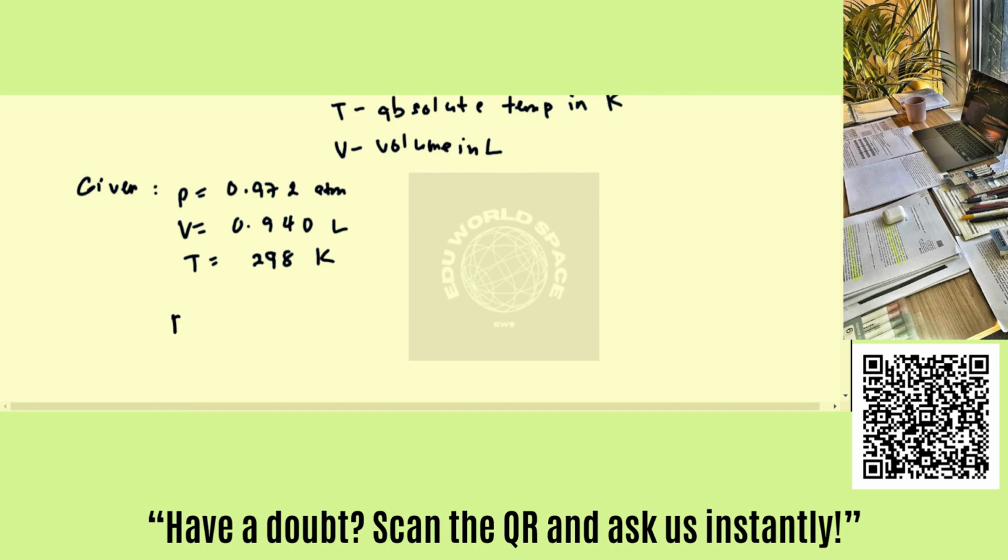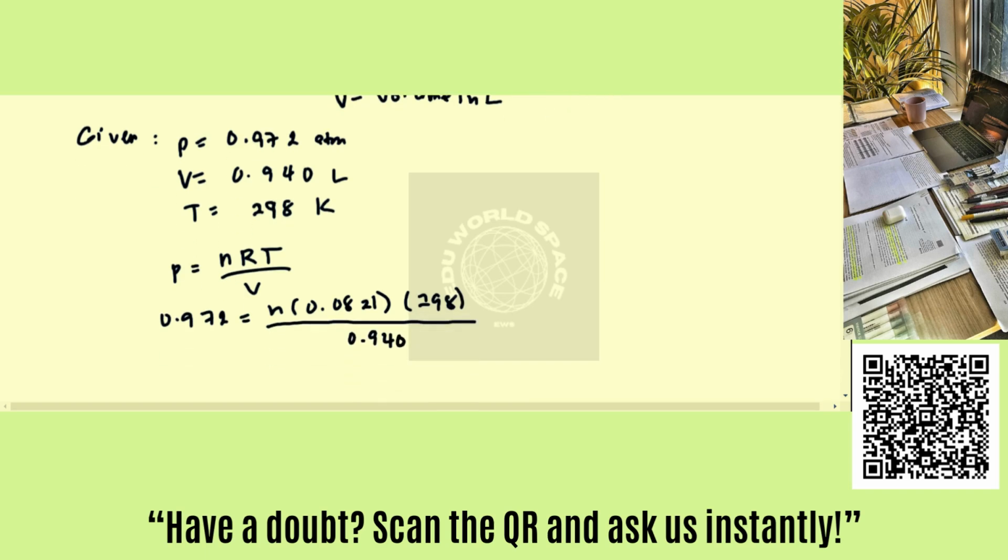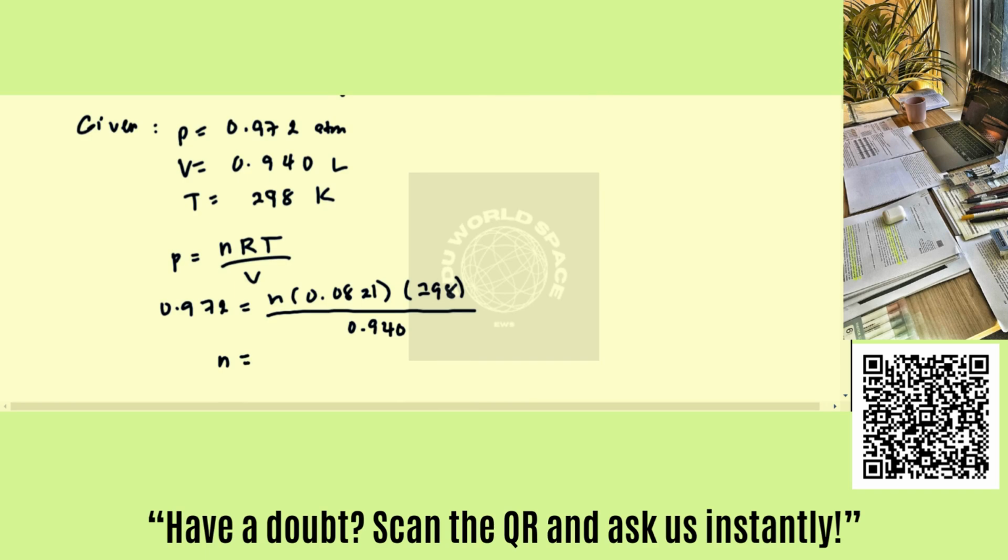Using the ideal gas law, we will solve for its amount in terms of moles as follows: 0.972 times 0.940 over 0.0821 times 298. So solving this gives 0.0373 moles of carbon dioxide gas.